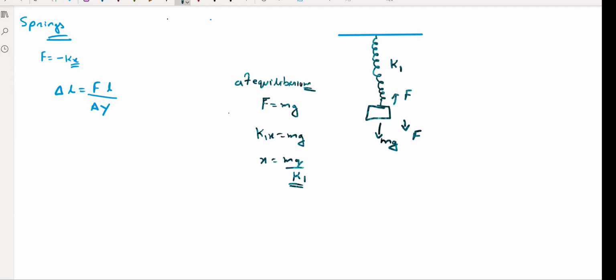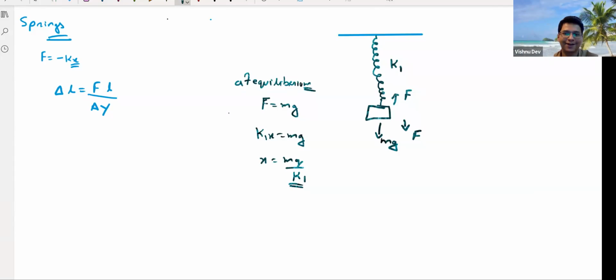We are not actually measuring the length, right? We have to find the change in elongation, yes or no? This is your normal elongation. I have to find the change in elongation. Think about it. Whatever I'm asking is very intuitive.